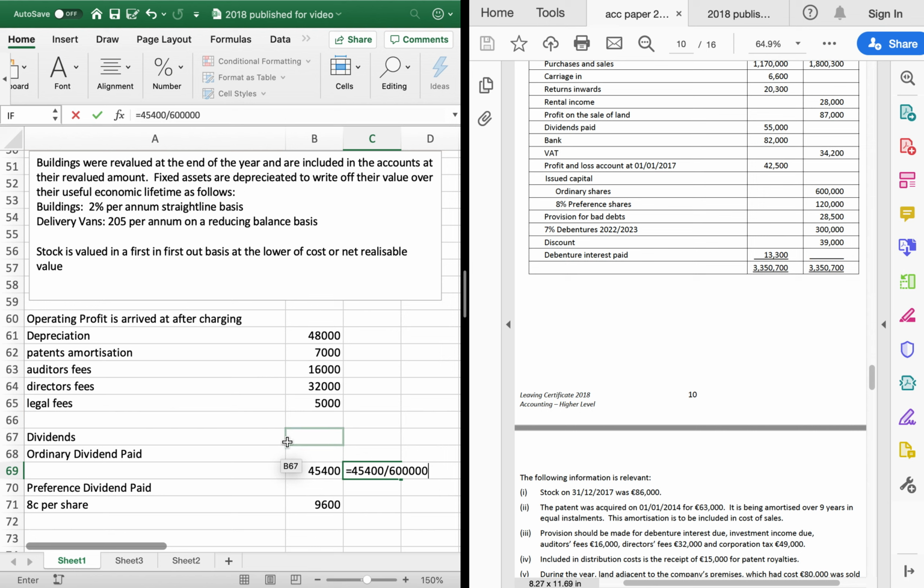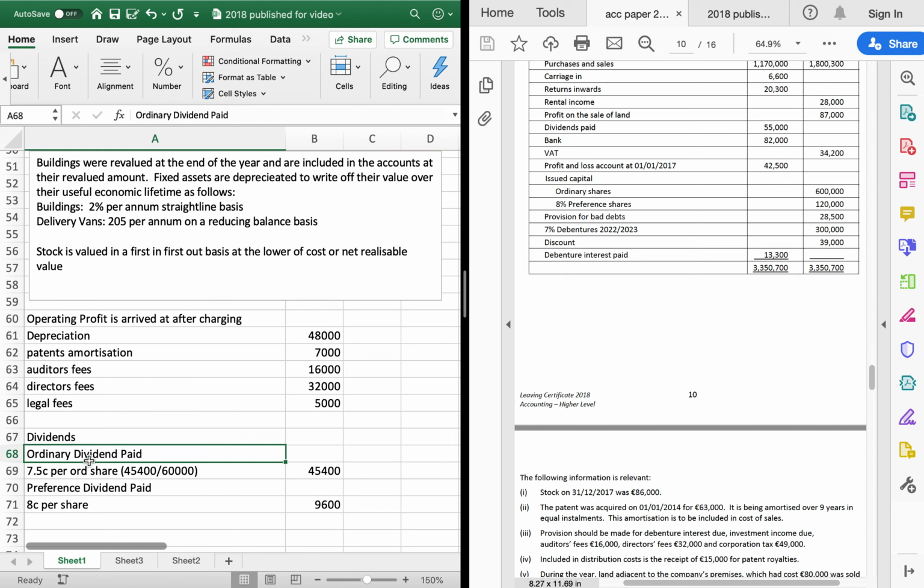That'll give you the per ordinary share. So it's 7.5 cents per ordinary share. So again, 45.4 divided by 600,000. Okay, so that's that working done. I'm just saying what the dividends per share are.